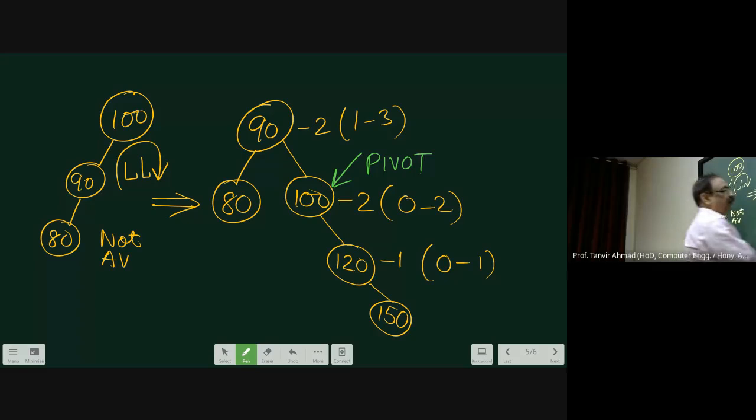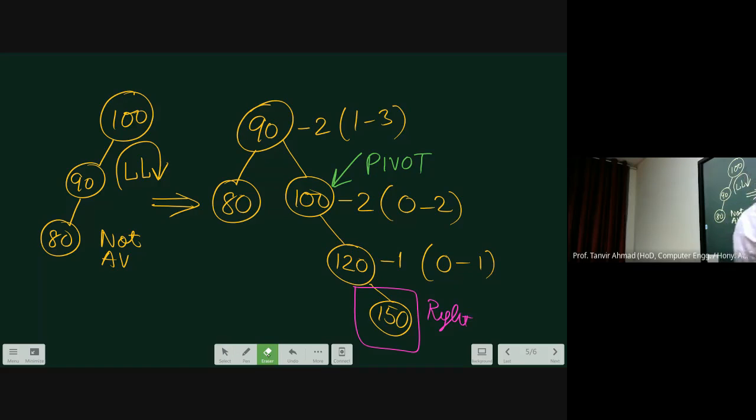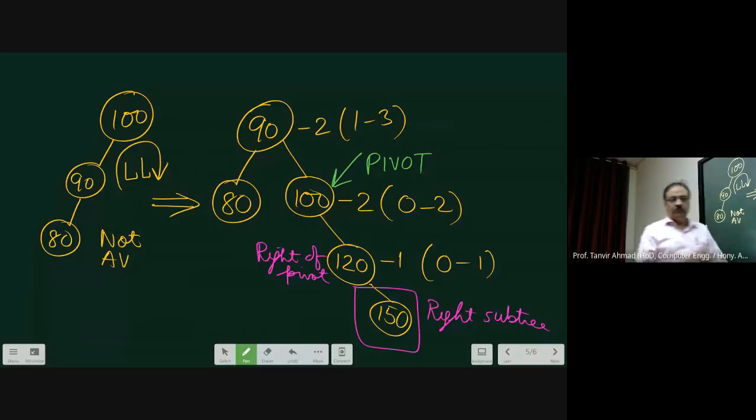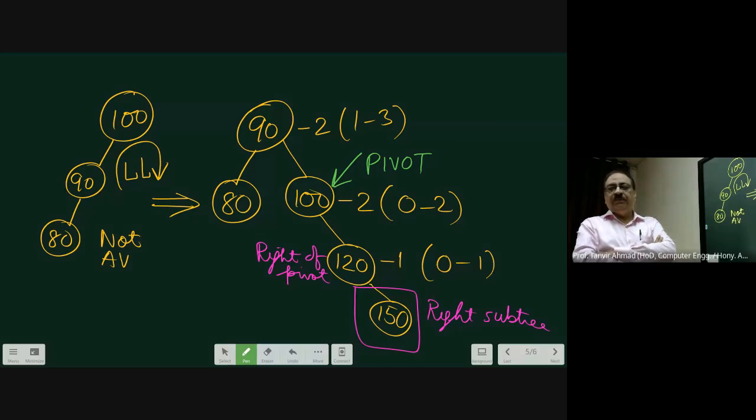Because this is the right subtree and this is the right of pivot. 120 is the right of pivot and 150 is in the right subtree.